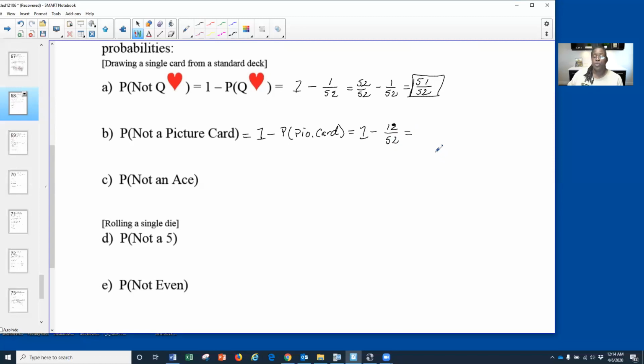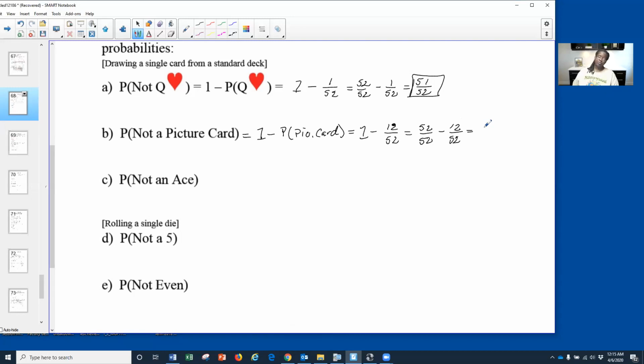And again, when we do our math, you can put this in your calculator, or you have 52 out of 52 minus 12 out of 52. Do the math and you get what?